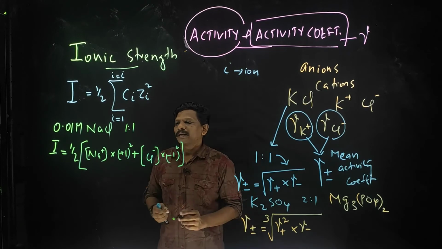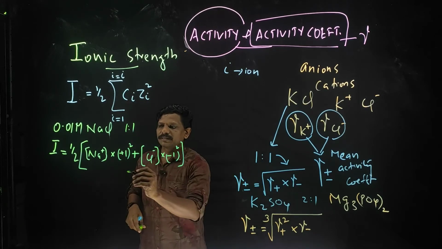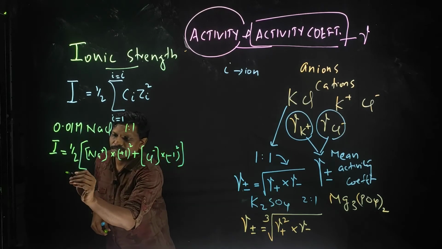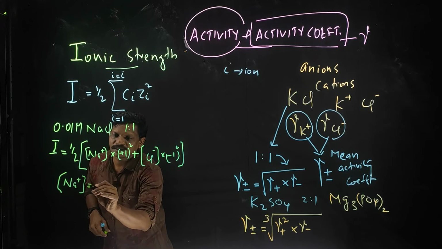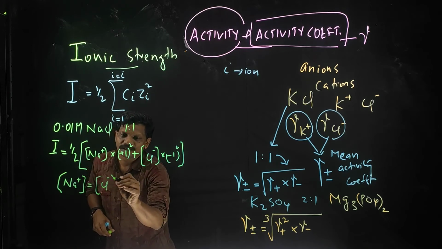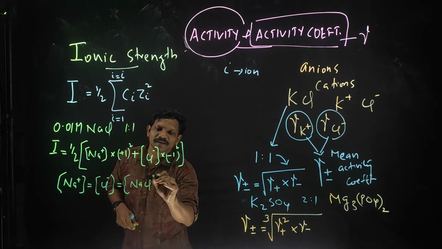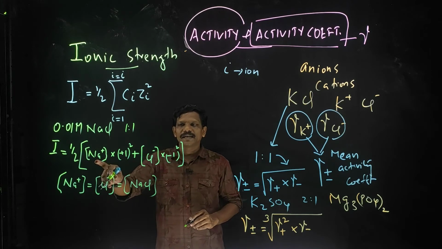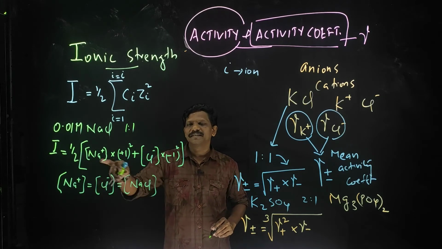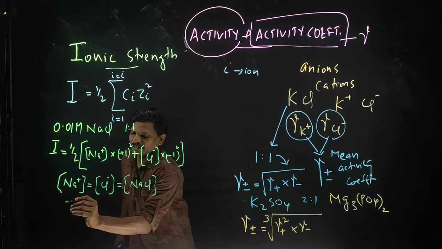So that is the ionic strength. This is a 1:1 system, so the concentration of Na plus is equal to the concentration of Cl minus, which is the concentration of NaCl. Instead of writing Na plus and Cl minus, you can also write NaCl.